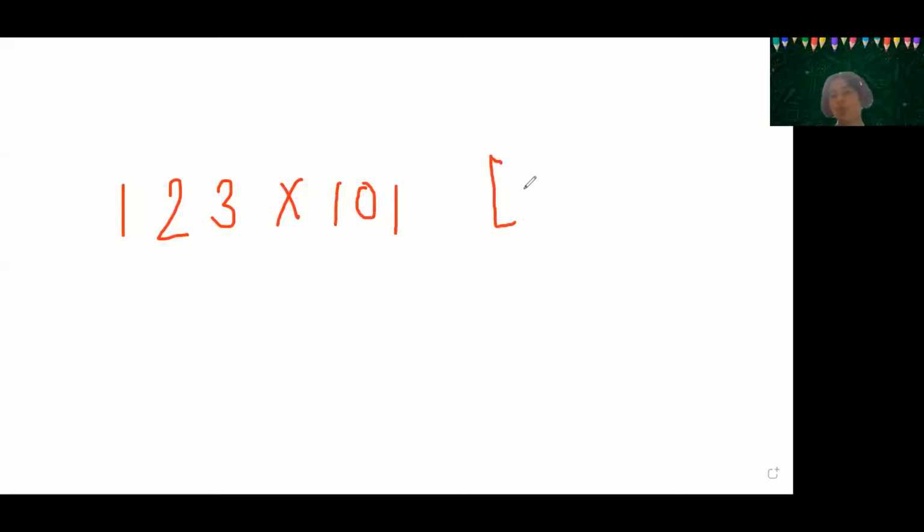Okay. Now I will take one more sum with the same pattern. 123 times 101. So the place value is 100 here. What you need to do? You have to write 1, 2, 3 as many times as 1 is written. 1, 2, 3.